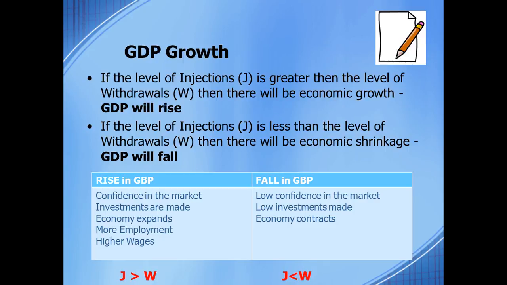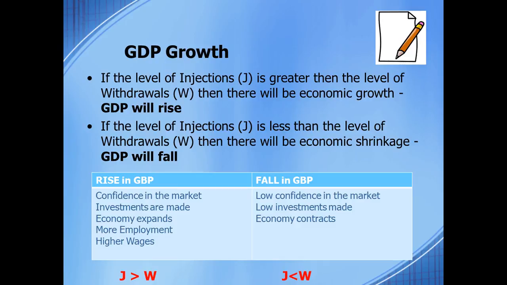Basically there's a rise in GDP when there's confidence in the market, confidence it's a good thing to invest in. Investments are made, the economy expands, there's more employment and higher wages. Whereas if there's a fall in GDP, there's low confidence in the market, therefore low investments are made and the economy contracts.